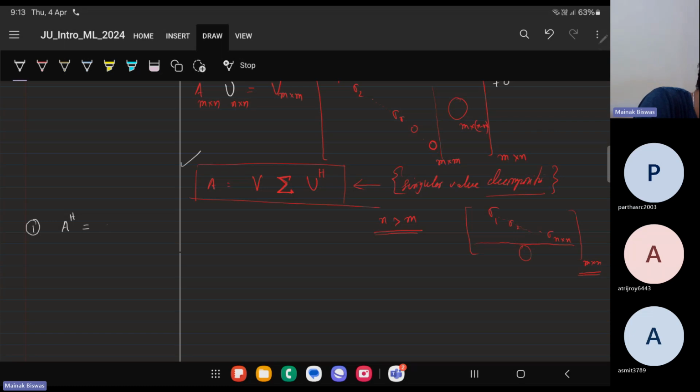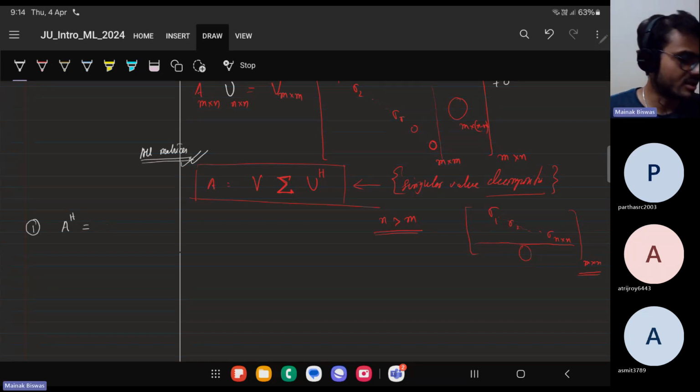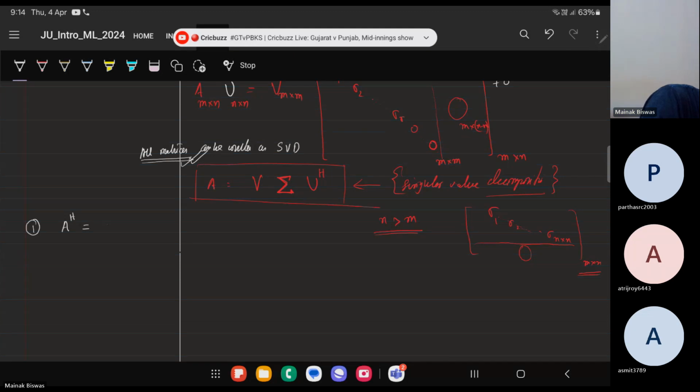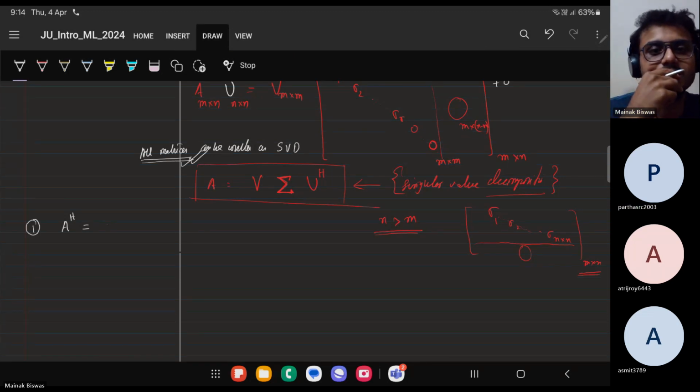No, this is A. All matrices can be written this way, as an SVD. So what is A Hermitian for this A?